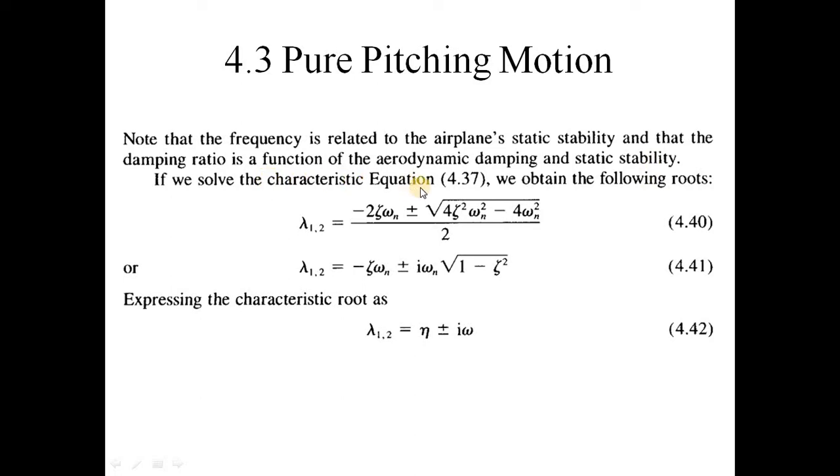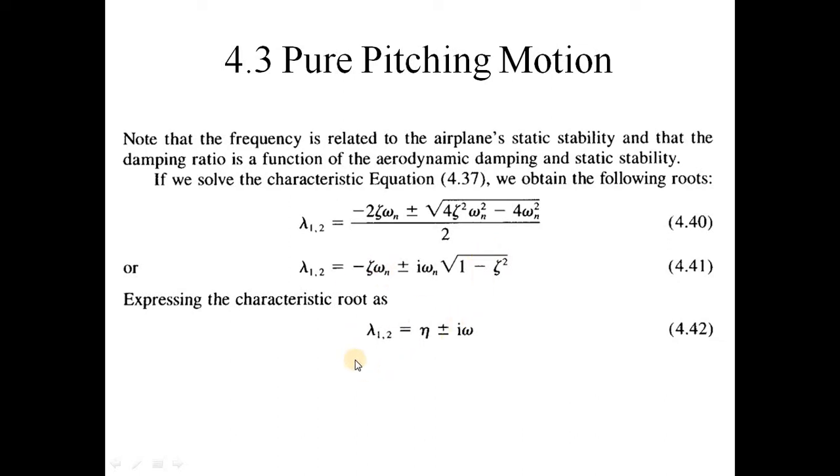So if we solve the characteristic equation 4.37, we obtain two roots, the following roots. If you simplify, it becomes this. So this is the root. One root has a real part and an imaginary part.